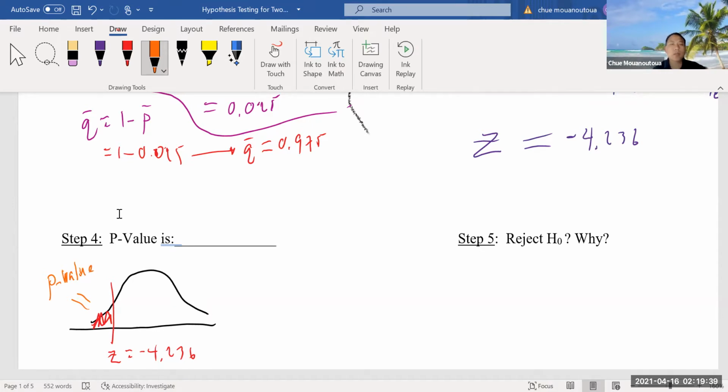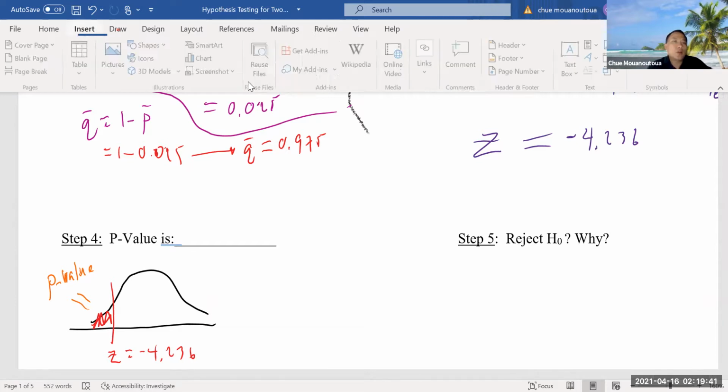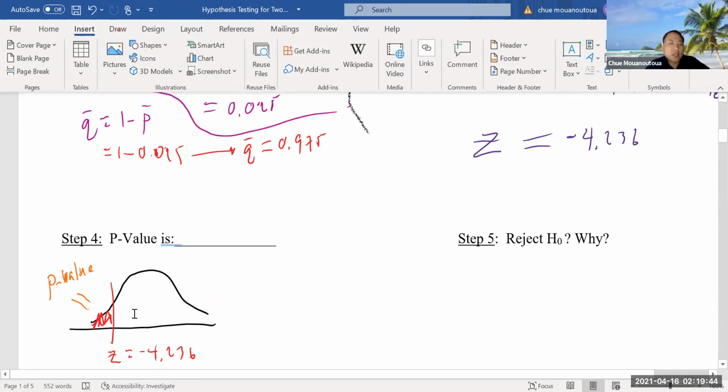So look at your table, look at the Z's left area, the area to the left of the statistic Z. If we talk about p-value, we talk about the test statistic, the area on the left, on the right, or both.